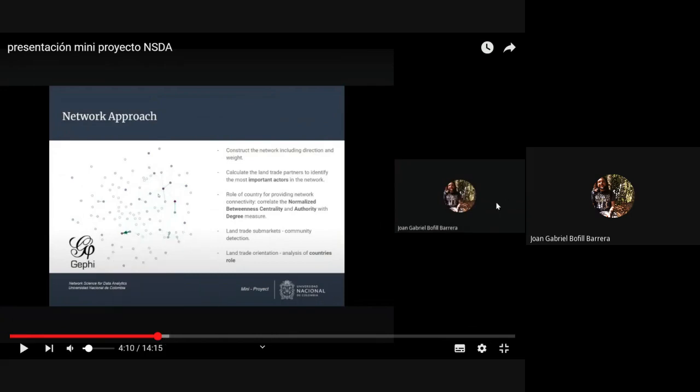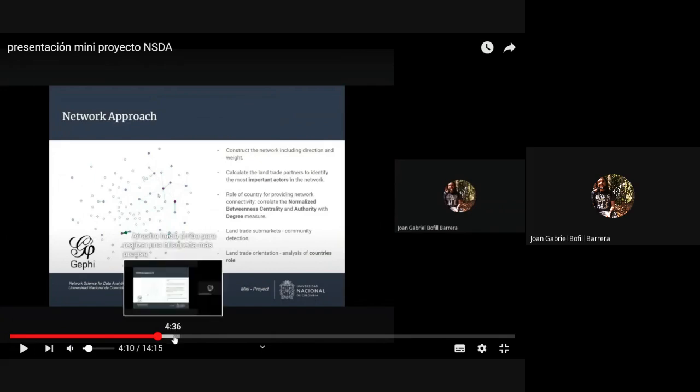At first we tried to use NetLogo, but we had some issues with loading the data and displaying it properly. So we used Gephi, which works very, very well.